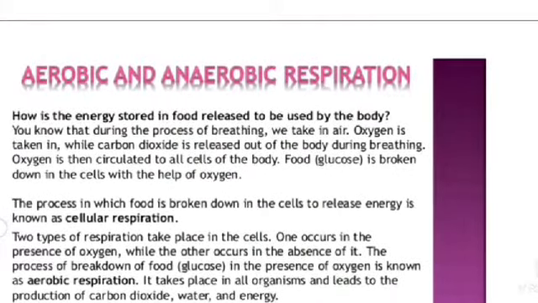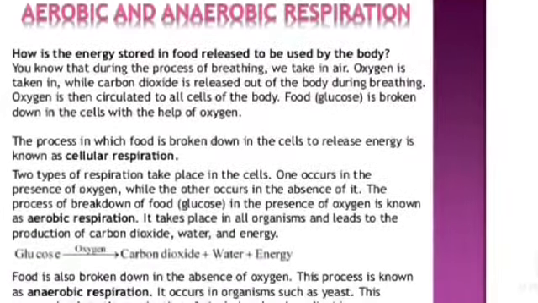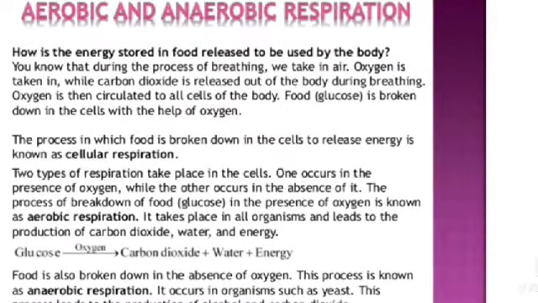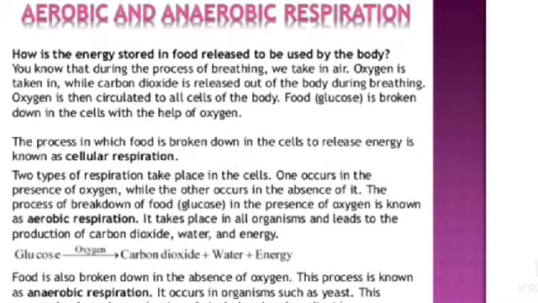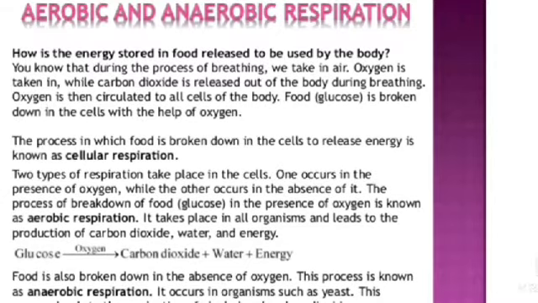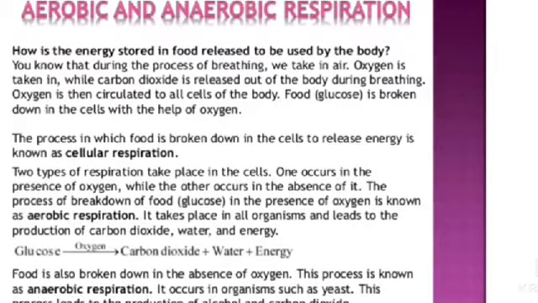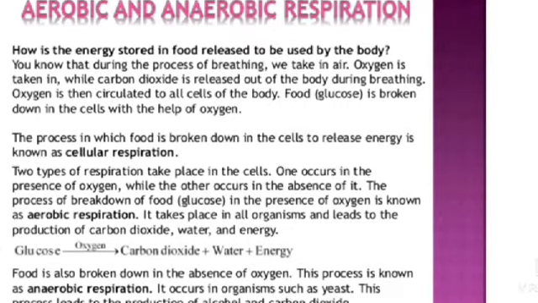Aerobic and anaerobic respiration. How is the energy stored in food released to be used by the body? You know that during the process of breathing, we take in air. Oxygen is taken in while carbon dioxide is released out of the body during breathing.